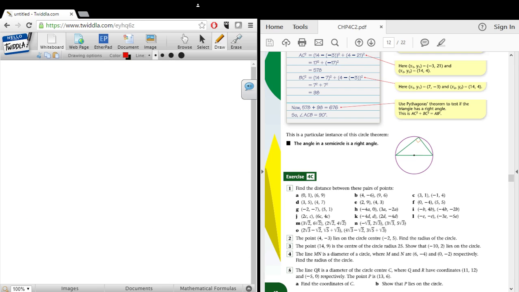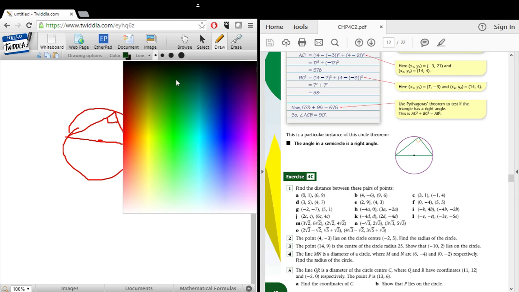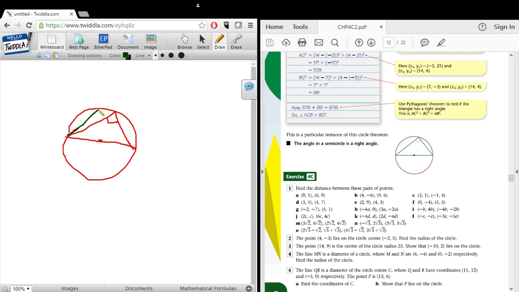The angle in a semicircle is a right angle. So as you can see, this is another circle theorem. Any line or lines that are joined to the diameter is going to give you a right angle. So any line, if you do that, right angle.